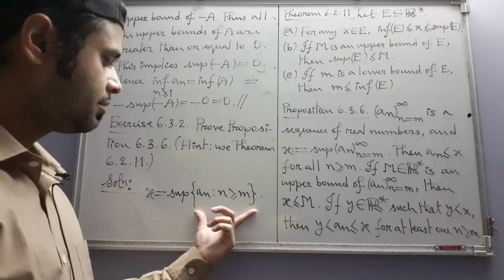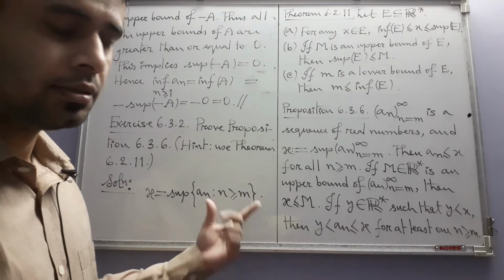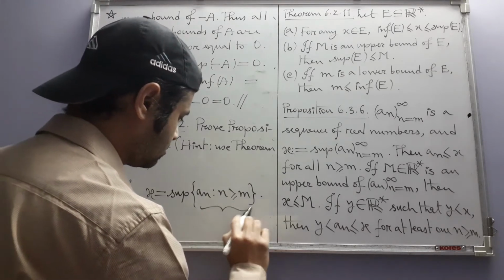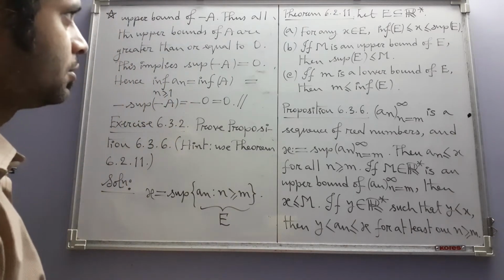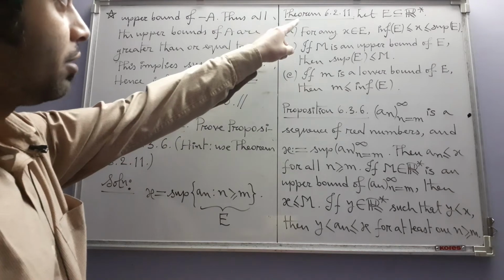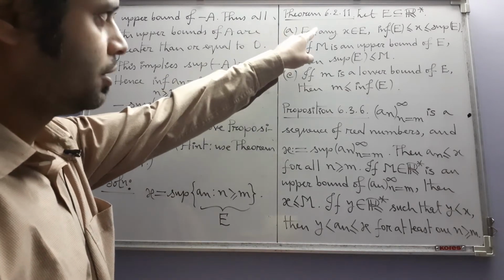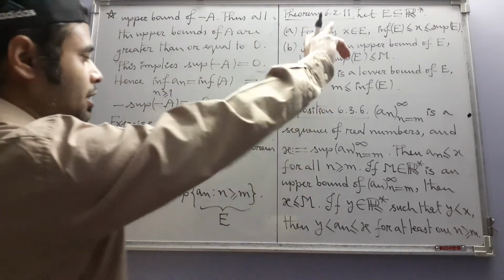So we can treat this set as E. Then by part A of this theorem, what does this say?